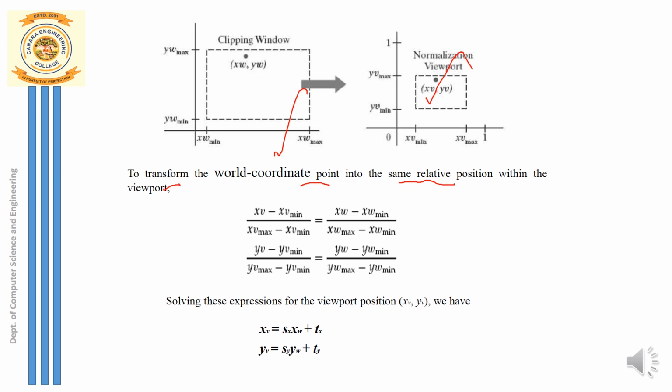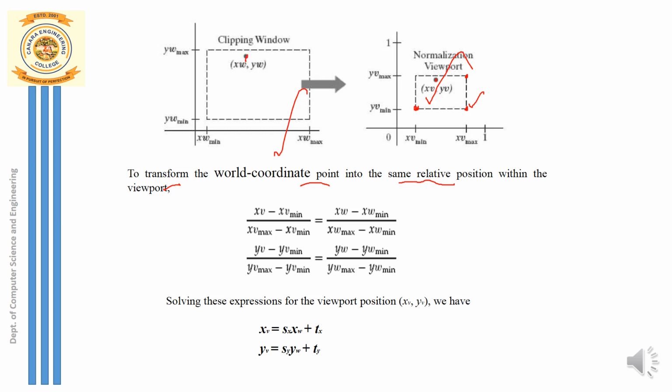First, you are representing this viewport now. So you can see xv minus xv min. xv comma yv is a fixed point, and xv min is this point, yv min also is this point. Okay, xv max is this point and yv max is this point. So you can say now xv minus xv min divided by this one.